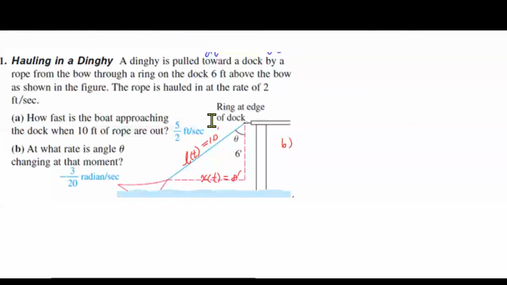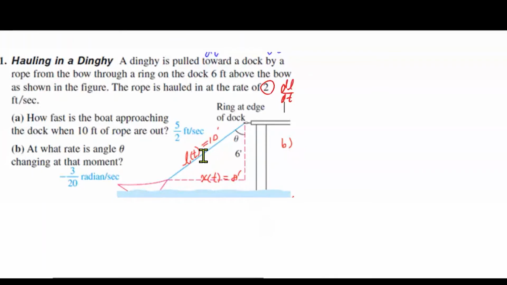So let's look at the triangle here, right? And we are given this thingy, this 2. That has to be dL/dt, as I call this side L, right? And this side is S, okay? That's 2 feet per second.